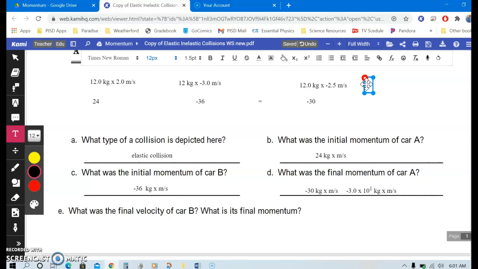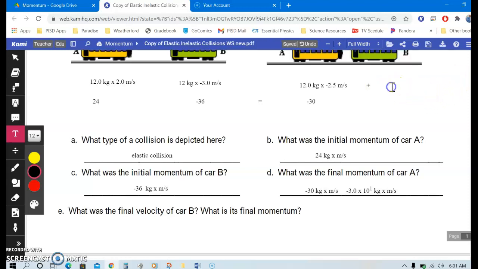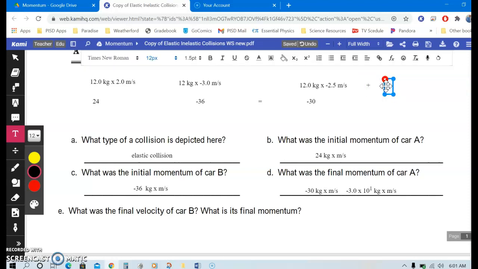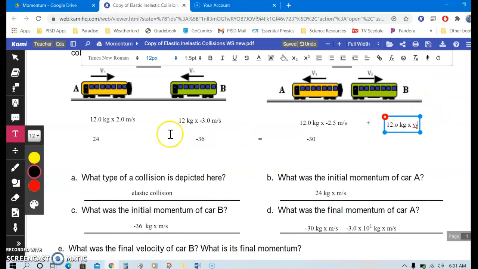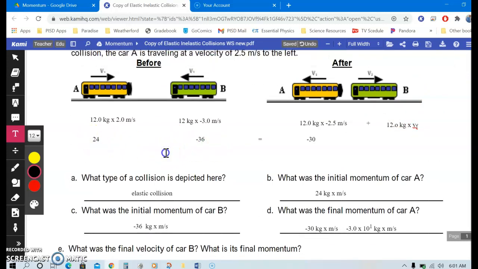here we go, plus this one, which we know is 12.0 kilograms times the final velocity of car B. Okay, so first of all, we can add these two together and we get negative 12.